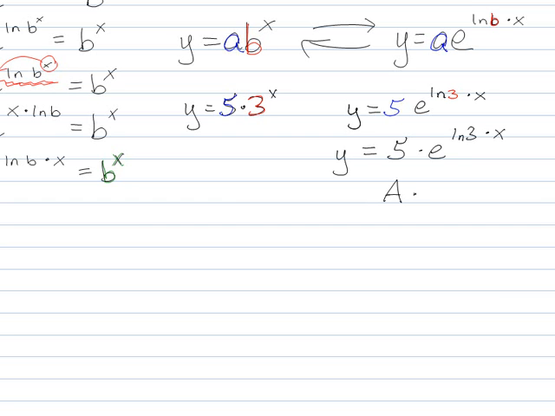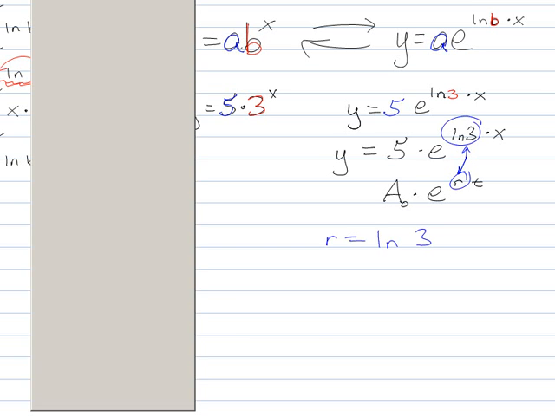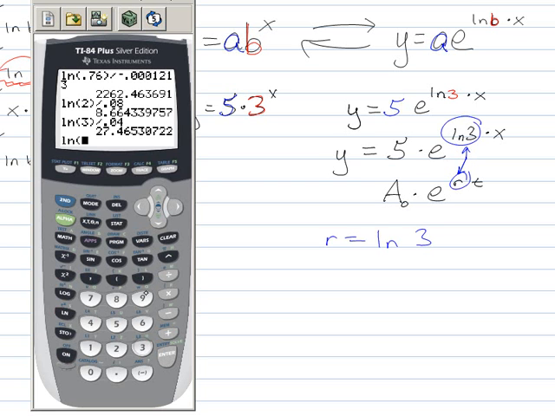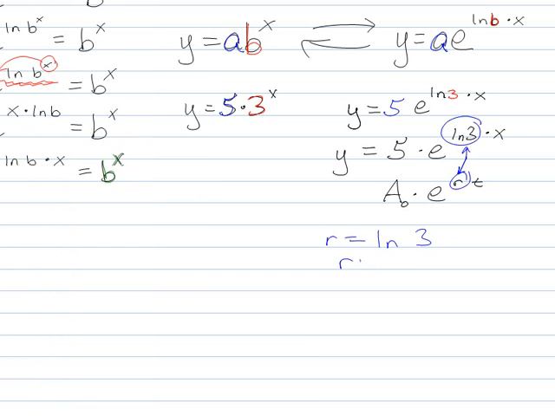So if I compare this to my rate equation, rate times time, what's my rate? My rate is the natural log of 3, which is about 1.099.